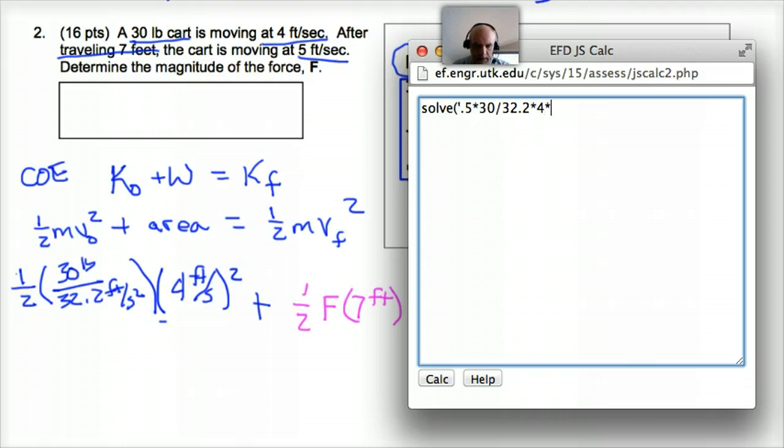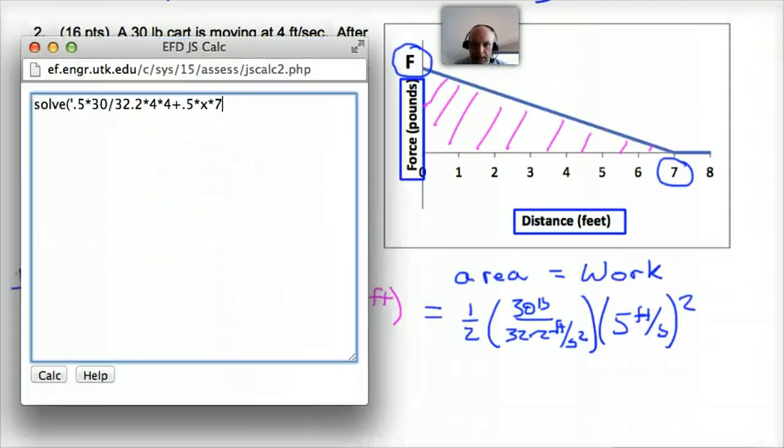This calculator does not have an exponentiation, so for squared I'm just going to multiply again. Okay, plus 0.5. I'll just call my unknown x times 7. Okay, that's that half of the equation.